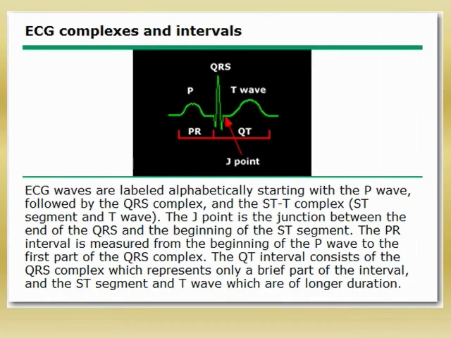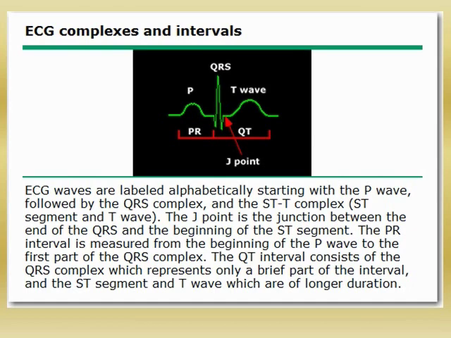Now the ECG complexes and intervals. ECG waves are labeled alphabetically, starting with the P wave, followed by the QRS complex and the STT complex, that is ST segment and T wave. The J point is the junction between the end of the QRS and the beginning of the ST segment.